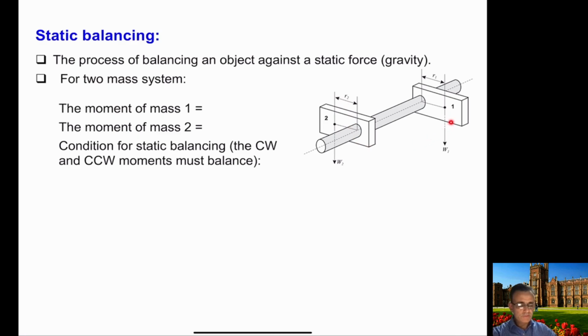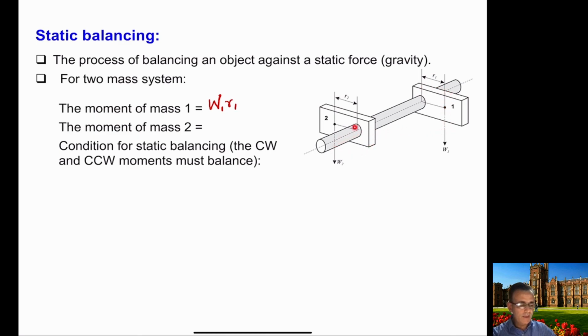In this case, the weight is obviously in the vertical direction. So W1 is the weight of this mass, and W2 is the weight of this mass here. Now, if you want to calculate the moment of mass 1, this one here, the moment will be equal to the weight times the perpendicular distance, which is R1 in this case.